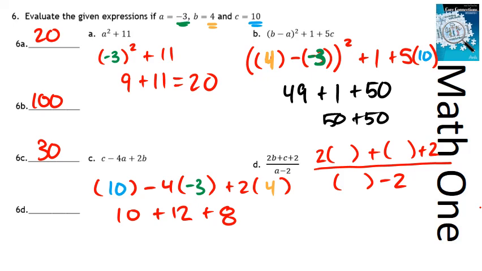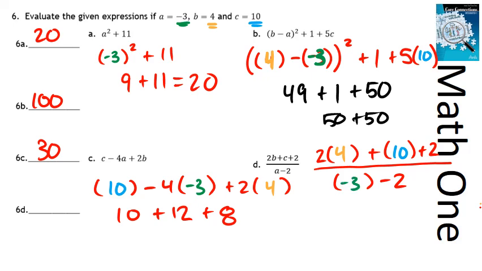So what is B? B is the number 4, so we write it right there. What is C? C is the number 10, so it's going to live there. And then finally, what is A? A is unfortunately the number -3, so that'll live there.